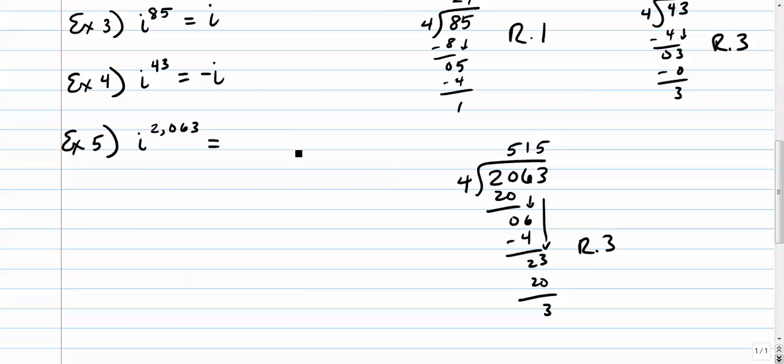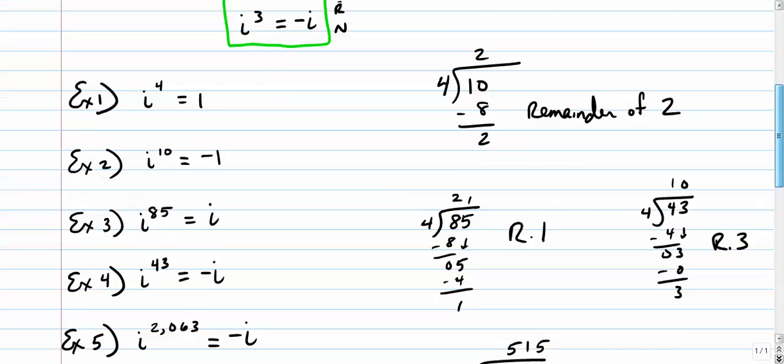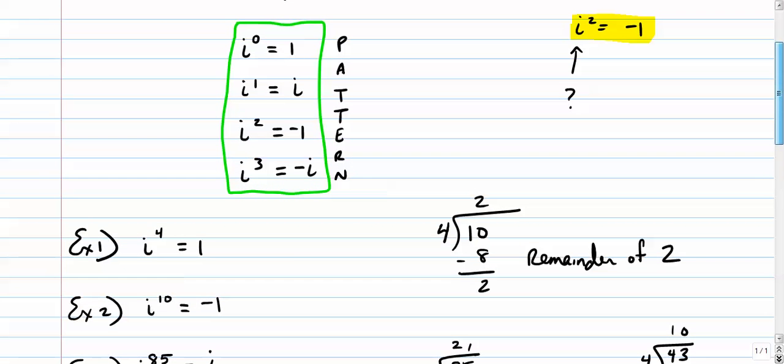In this case, your remainder is 3, so your answer is negative i. So every one of these problems should boil down to one of those 4 possible answers: 1, i, negative 1, or negative i.